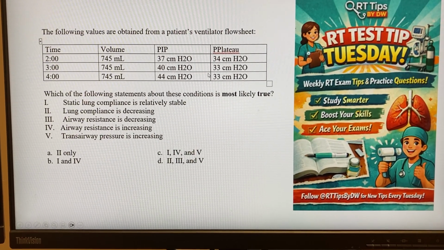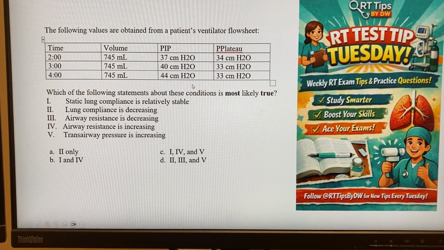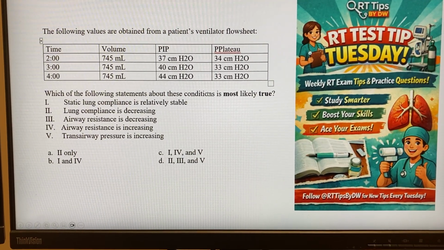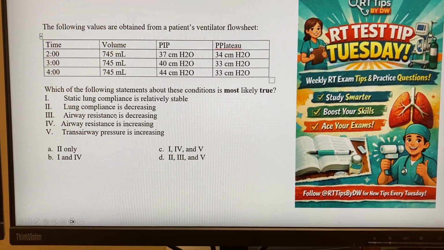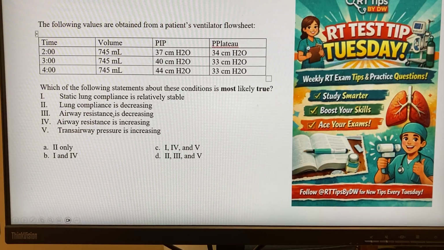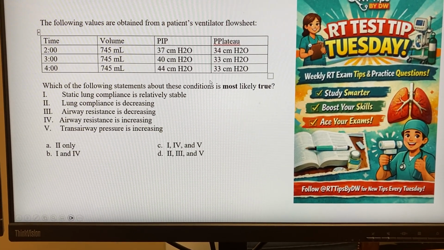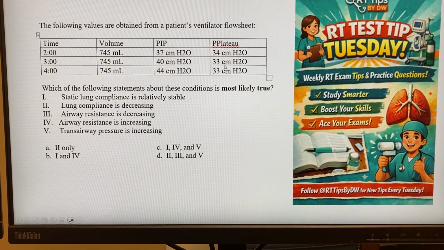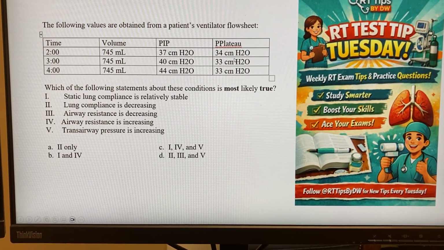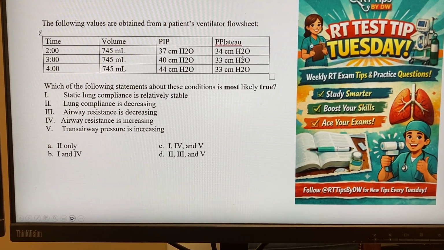So let me look at the overall answer choices. Which of the following statements about these conditions is most likely true? I look at Roman numeral 1, static lung compliance is relatively stable. Again, if you know the formula for static compliance, you subtract PEEP from your plateau in the denominator.